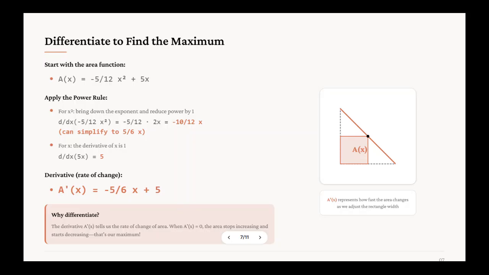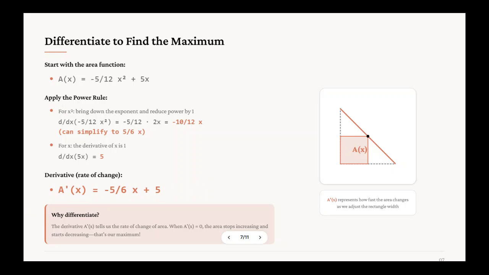And the derivative of 5x is just 5. So our final derivative function is A prime of x is equal to negative 5 over 6 x plus 5. And this new equation just tells us the exact slope of the area at any point x.